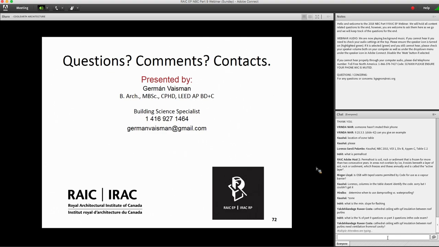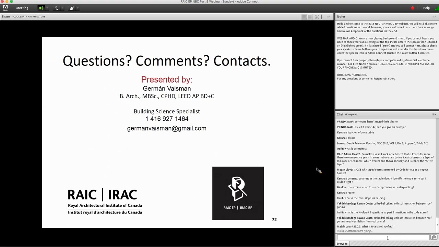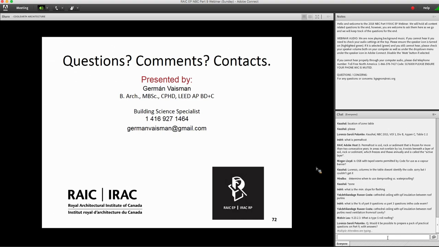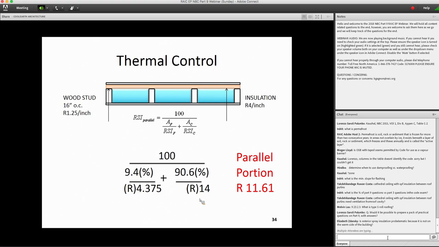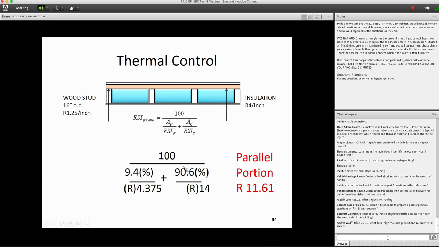So I think this is where the percentage came from. Okay, so I think we're talking about slide 25, which is the wall assemblies. The percentages you guys can find on the effective R value. Let me go to that slide. So I guess the question is where do we get this percentage and this percentage?